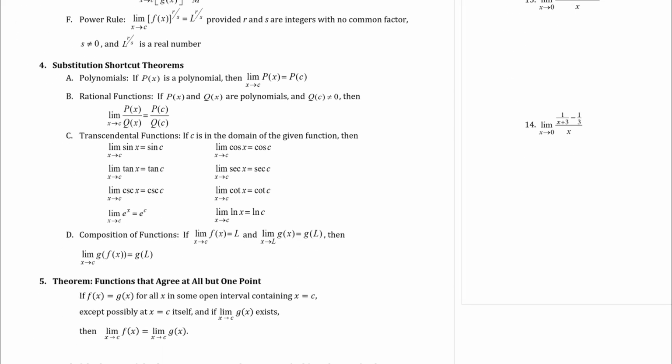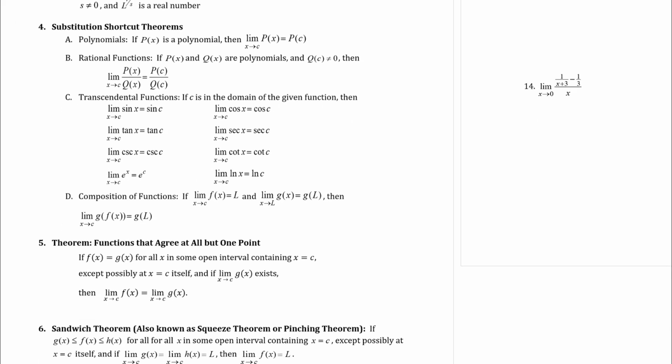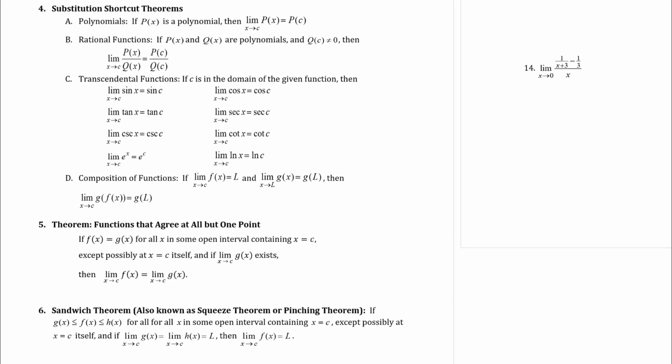We have another theorem here about transcendental functions, so trig functions, exponential functions, and the logarithm function are some examples of transcendental functions. And then a few other theorems here: functions that agree at all but one point, and the sandwich theorem.